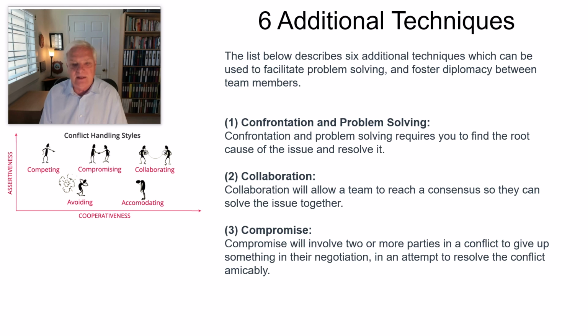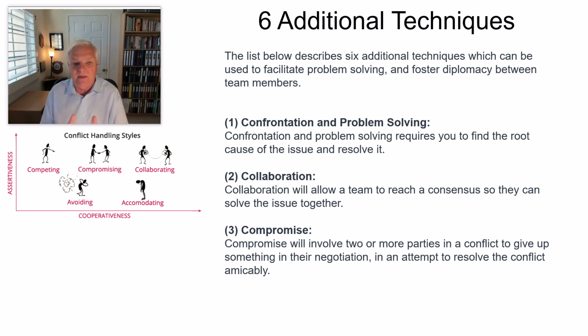Number 2, collaboration. It'll allow the team to reach a consensus so they can solve the issue together. Number 3, compromise. You have to find a way to get to go, is the best way to put it. Compromise will involve 2 or more parties in a conflict giving up something in their negotiation in an attempt to resolve the conflict. I need to have you agree to disagree, but at the same time say, I can live with that. I can move forward with that.